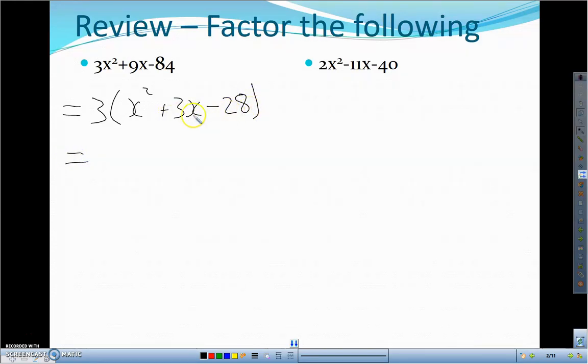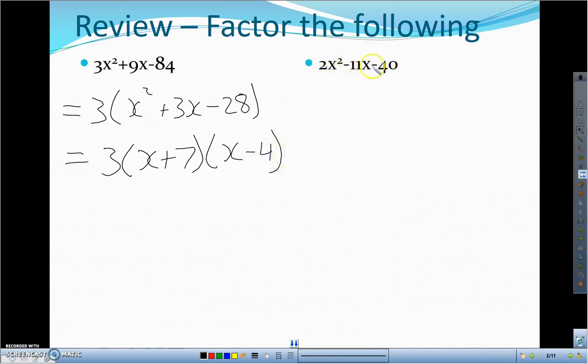We factor this expression here. Two numbers which multiply to minus 28 and add to 3 are going to be 3 and minus 3 and positive 7. No, sorry, 4 and 7. It's a positive number in the middle, so the bigger number is the 7, and it's positive x minus 4.